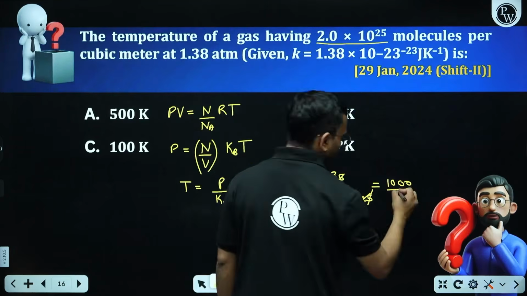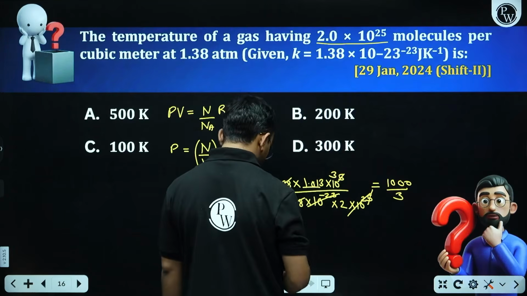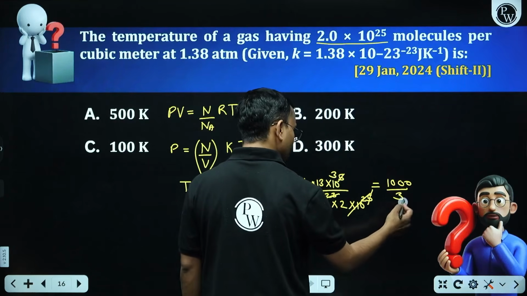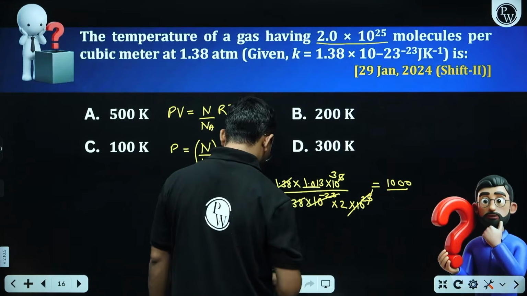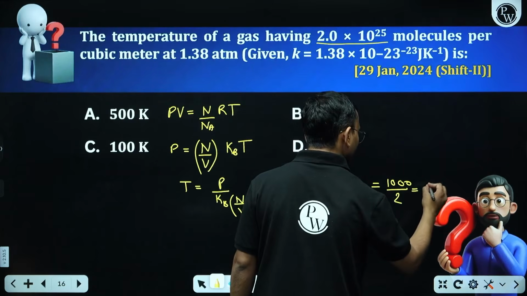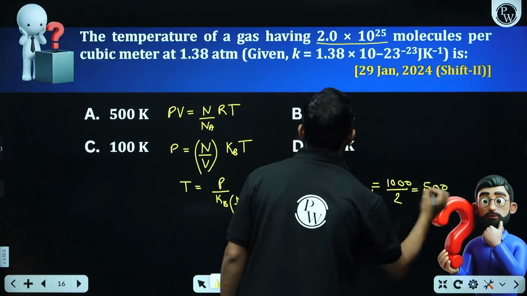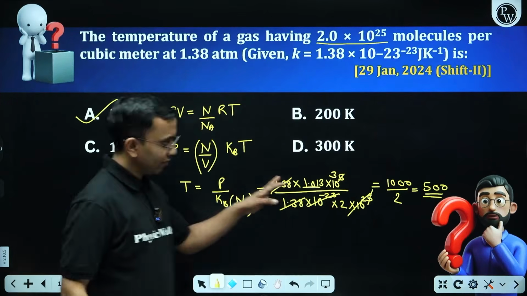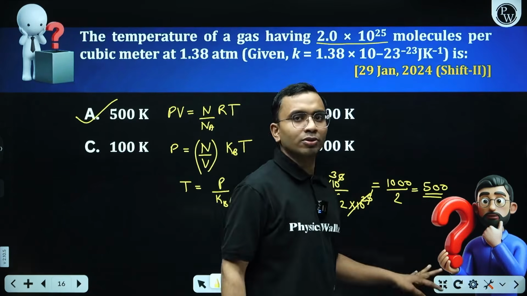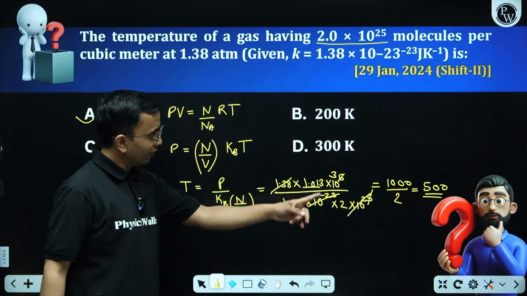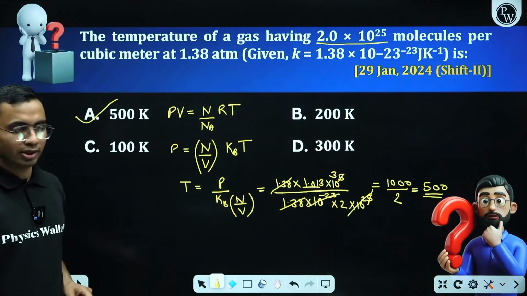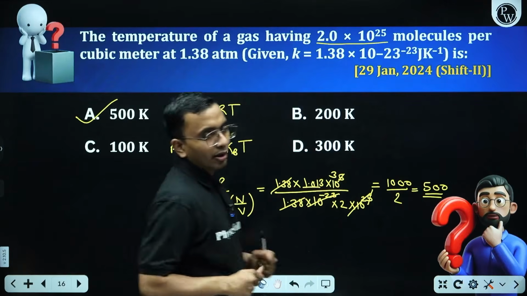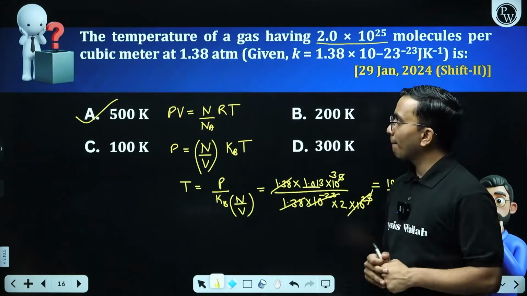So 1000 divided by 2 is 500. We got 500. If we put everything in SI units, the answer will also be in SI units only, so this 500 should be in Kelvin, not in degree Celsius.